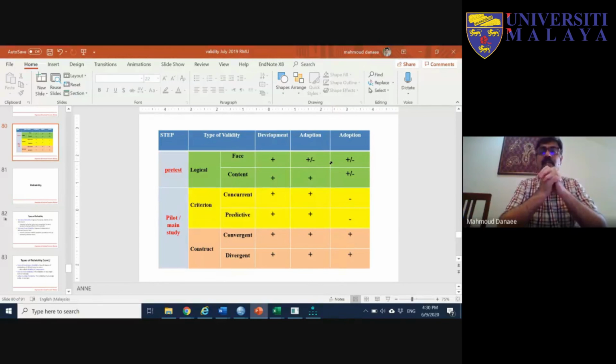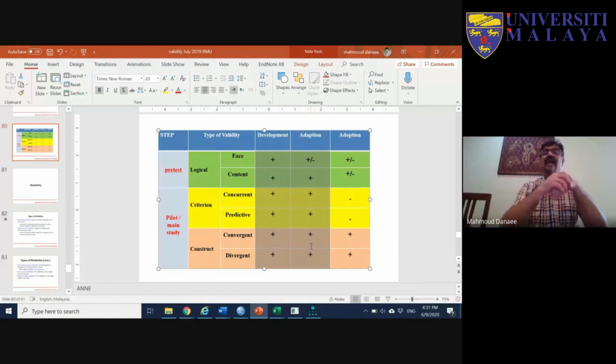For the adoption, the yellow part, I mean the criterion validity, is optional. For logical face validity and content validity, it is recommended. But for the adoption, we don't need to do a pre-test because it's already validated, and we also don't need to do a criterion validity. What you can do for the adoption is only construct validity using the CFA, not EFA. EFA can be used when you develop or adapt a questionnaire. Is it clear?